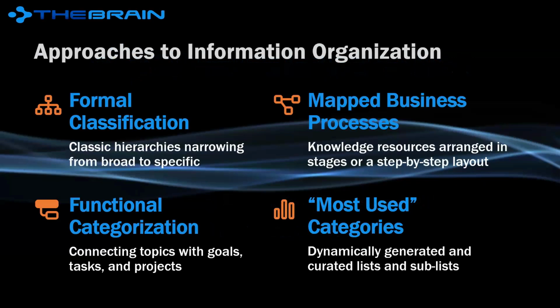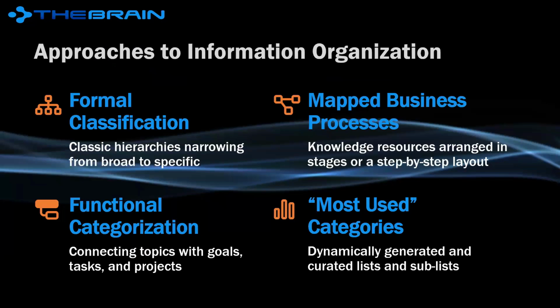So there are many approaches to organizing information that you may not even be aware you're using. First of all, the basic one that everyone uses, whether you're just doing a file directory and throwing some documents in a shared drive, is what you'd call formal classification.